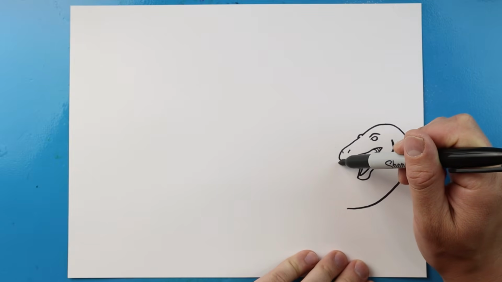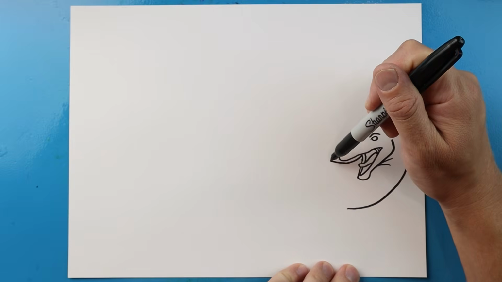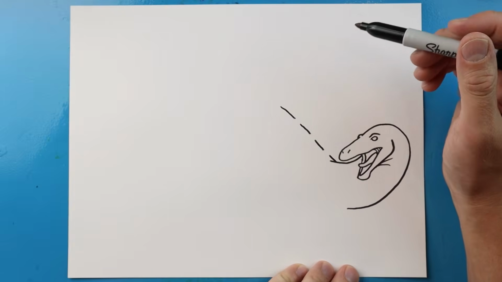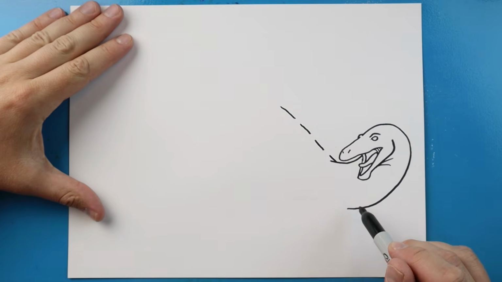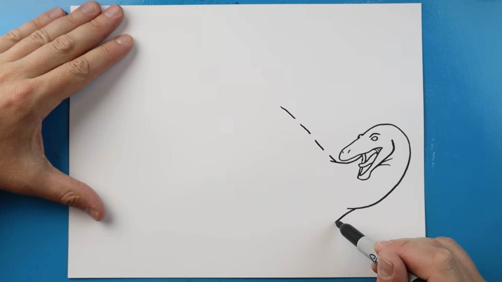Next, we're going to bring this line up here for the other part of the neck. And then we're just going to leave some kind of like broken lines around here. Right here, I'm going to take this line down and kind of curve in.